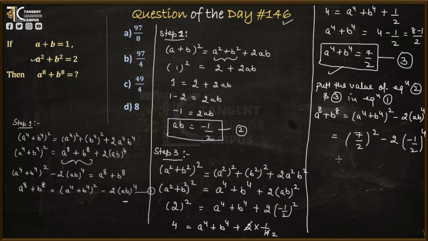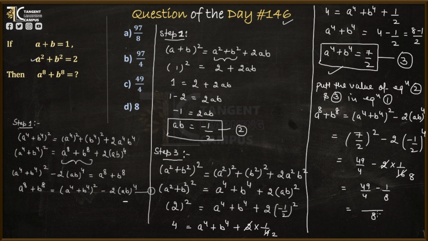So now we can solve it further. The square of 7 by 2 is 49 by 4, minus 2 times (−1/2) to the power 4, which we will get as positive 1 by 16. So now we can cancel 16 by 2, so we have 8 in the denominator here. So basically we have 49 by 4 minus 1 by 8. Now we can take the LCM.